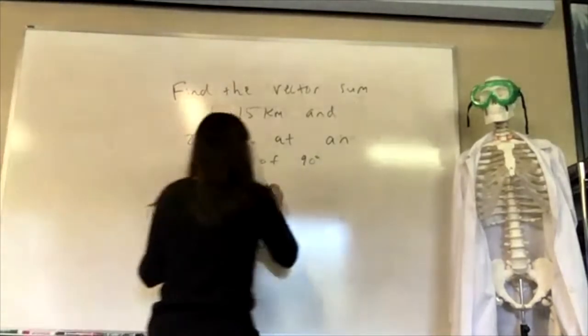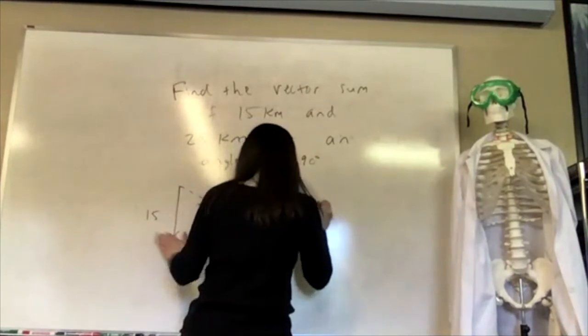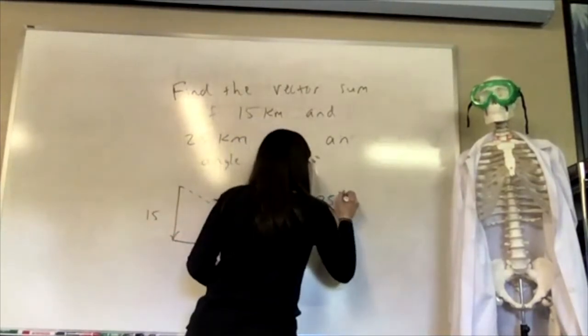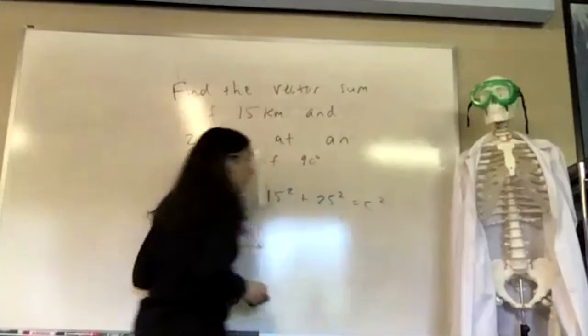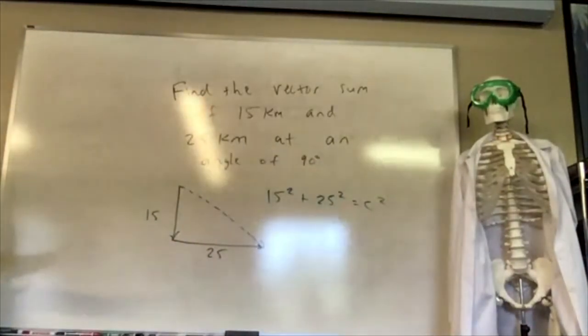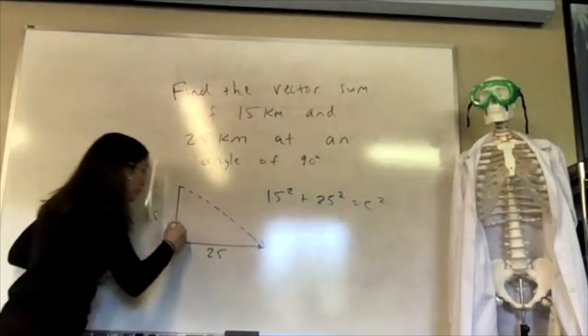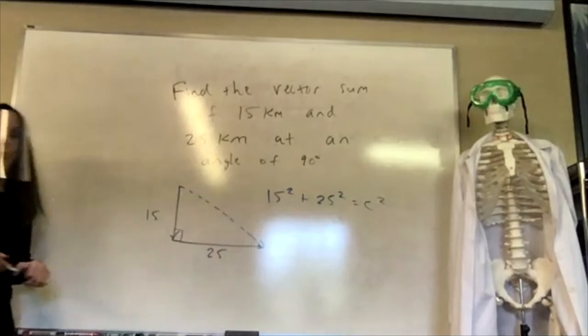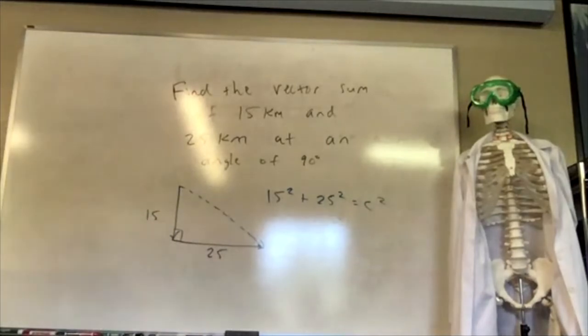We would just do 15 squared plus 25 squared equals c squared. 15 squared plus 25 squared, square root that, and we get the hypotenuse. So when we have a 90-degree angle right here, we can use the Pythagorean theorem to solve for the side. Does anybody have that one?